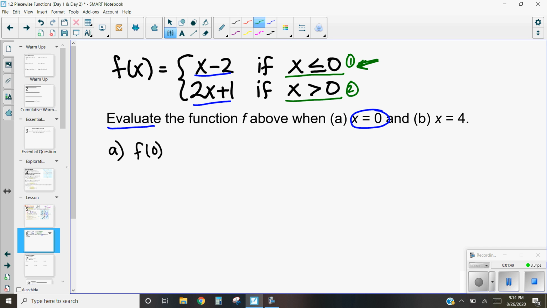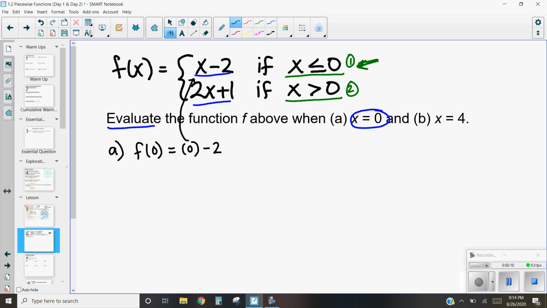When I'm evaluating that function, just like with any other function, I'm going to write that the function at 0, which I said goes in that first one, is going to be 0 minus 2. This 0 replaces the x up there. So I just put 0 in for x.